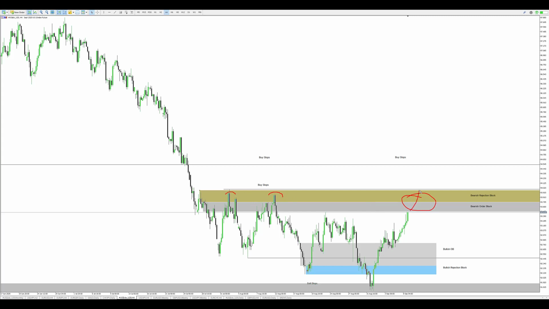So the way price is going to behave when it reaches this area is crucial to us either taking short trades or long trades to the upside.